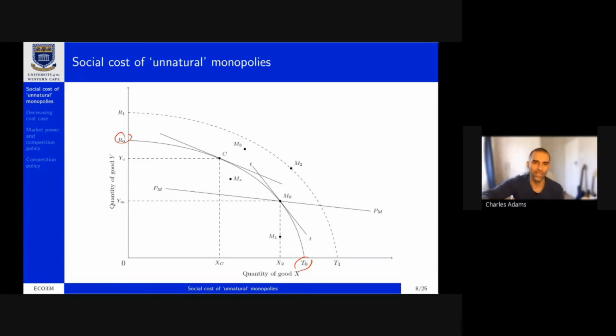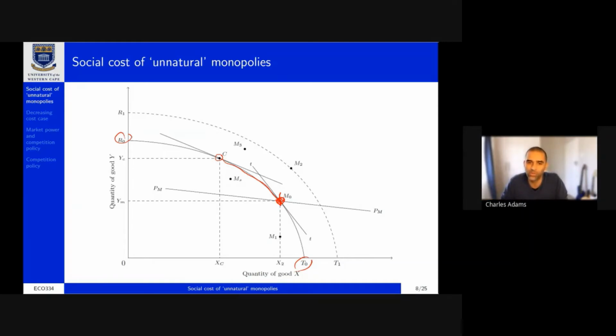Now, if C was the allocatively efficient level of production of goods X and Y under perfect competition, and a monopolist comes in and takes over one of the industries, the production of good Y in this case, then you can see a movement along the MRPT under the assumption that the monopolist maintains the same level of efficiency in production. You see a movement along the frontier to a point MO. Okay? So still on the production possibilities frontier, right?